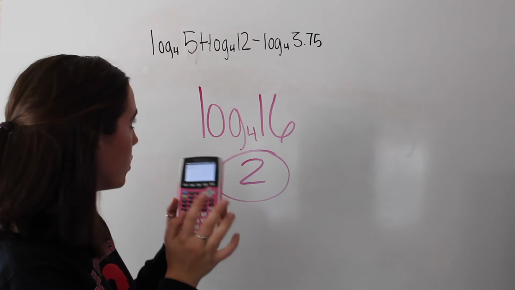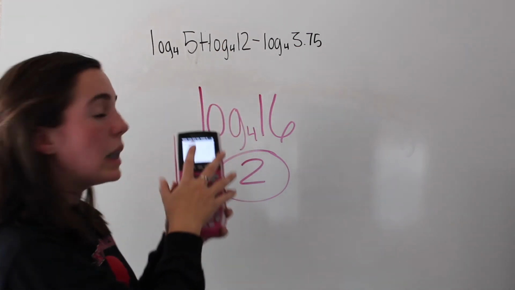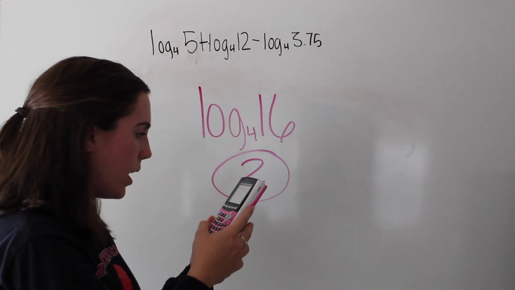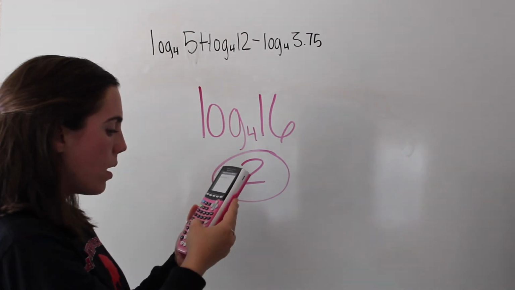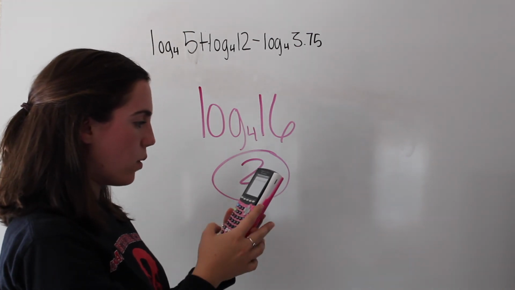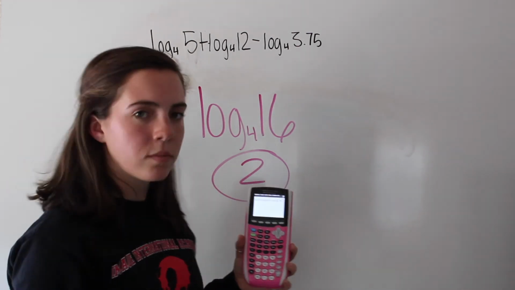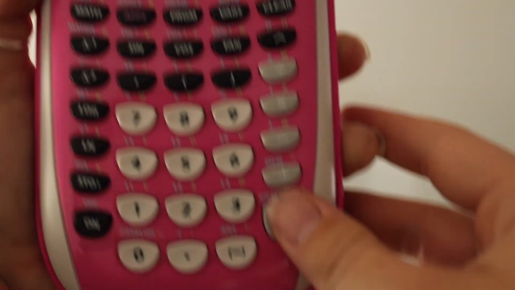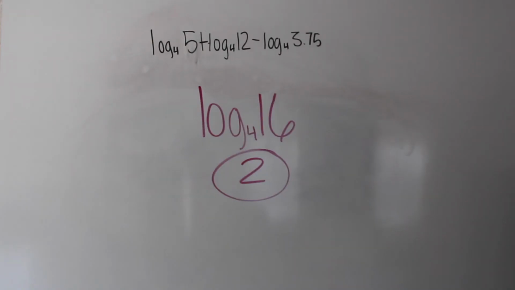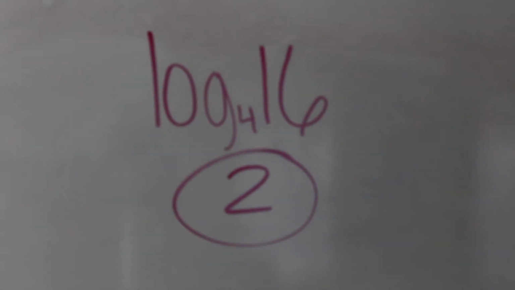And then we're going to do that plus. Go to math again. Find it all. A log base 4 of 12. Minus, math again. Log base 4 of 3.75. And what's that? It's 2. Looks a lot like what we already solved for.